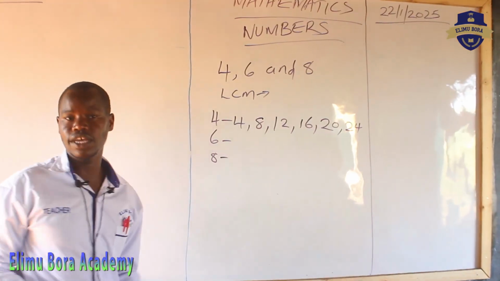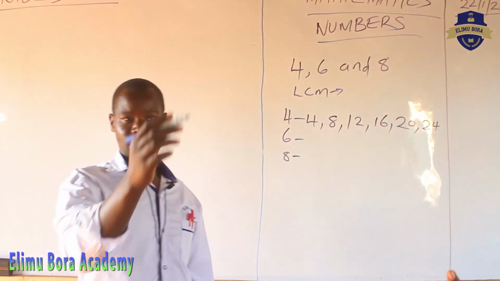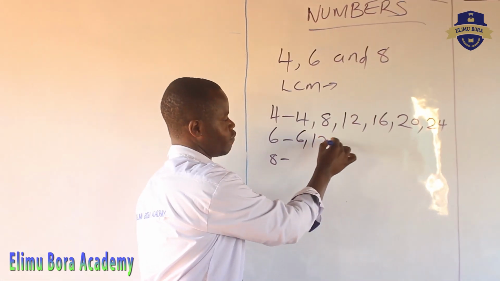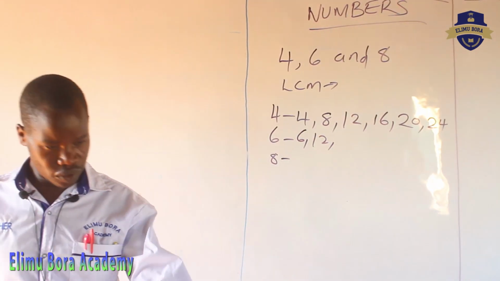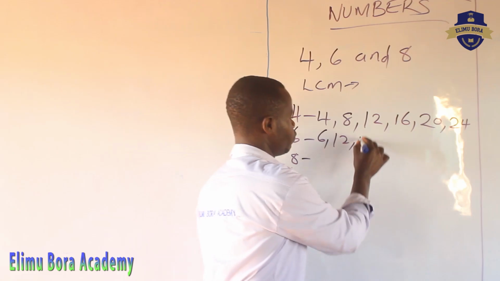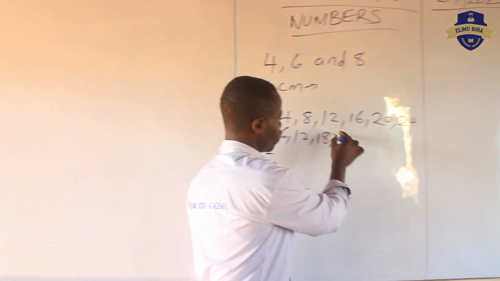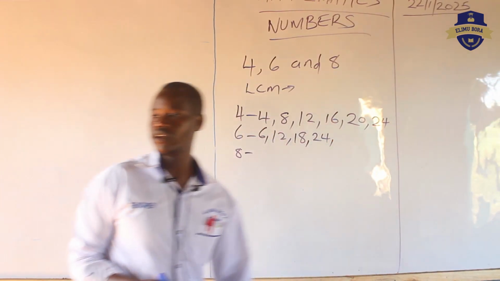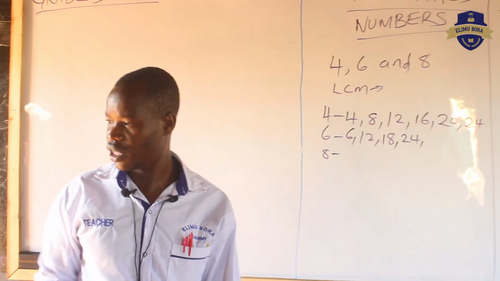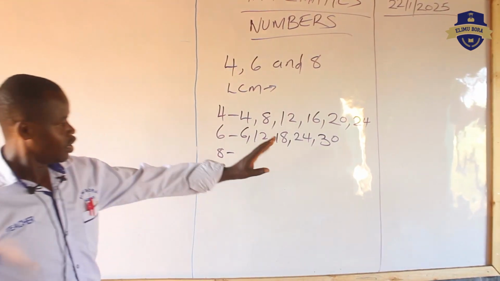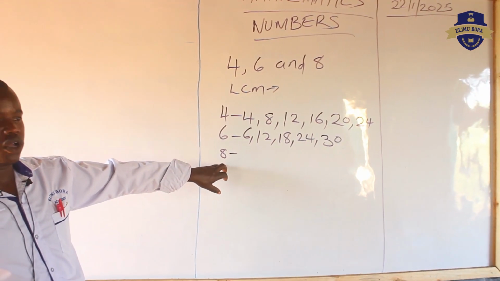For 6, we will have 6, then 12, after 12 we have 18, after 18 we have 24, after 24 you will have 30, and so on and so forth. Let's go to 8.